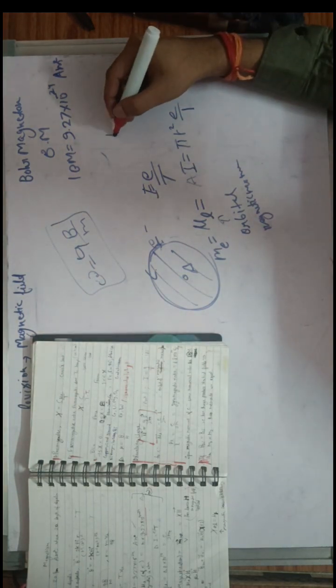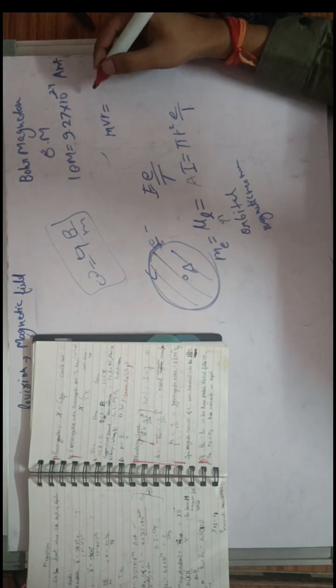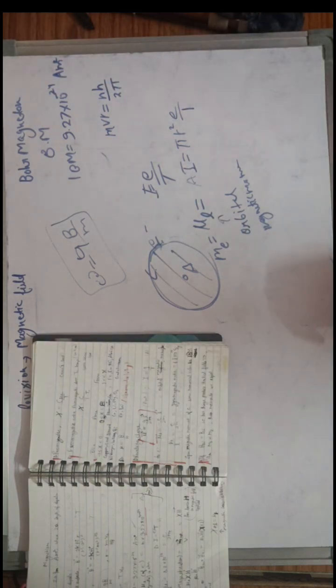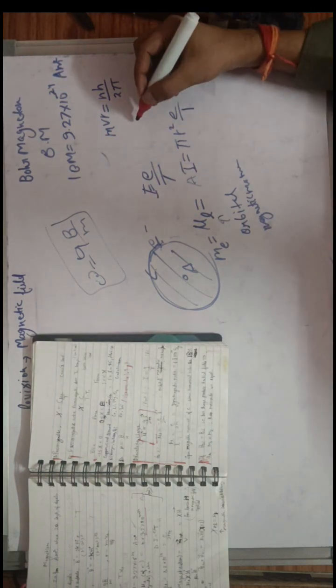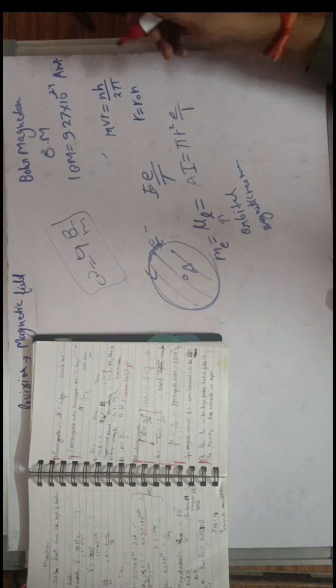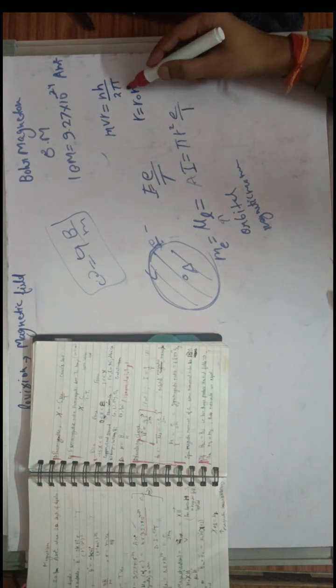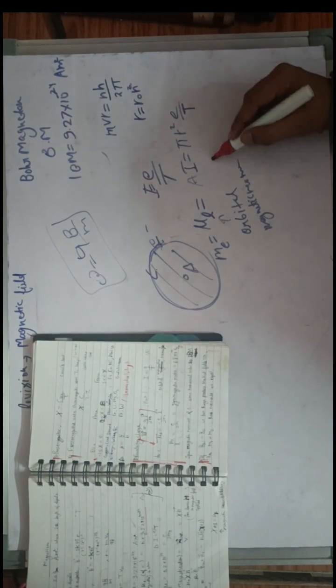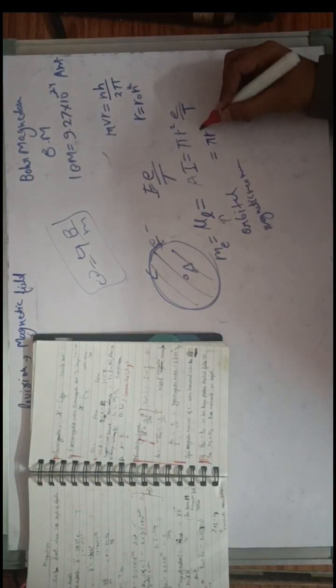We know that mvr is equal to nh upon 2 pi, and in case of the radius, the formula was given by r naught into n square. So this value can be written as pi into r square into e divided by the time period.